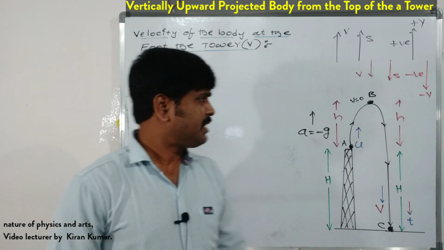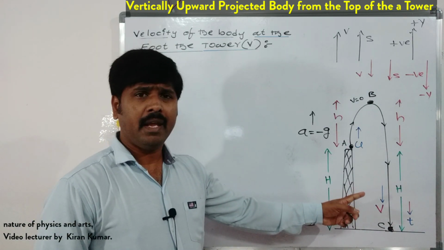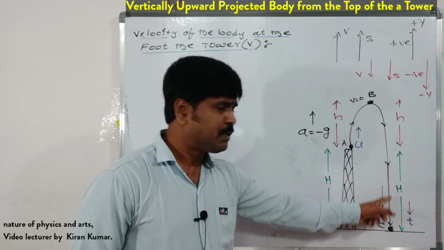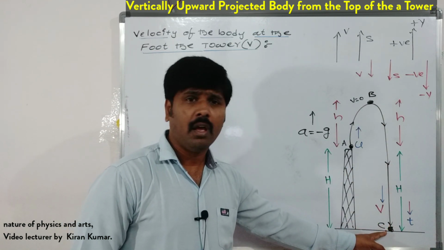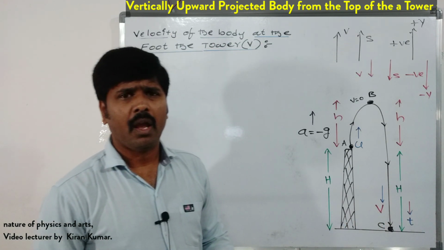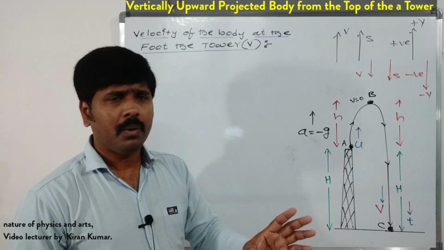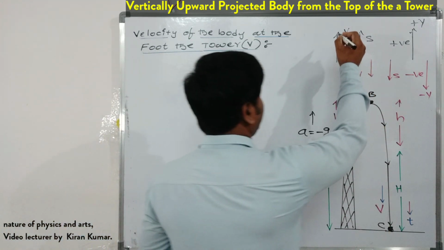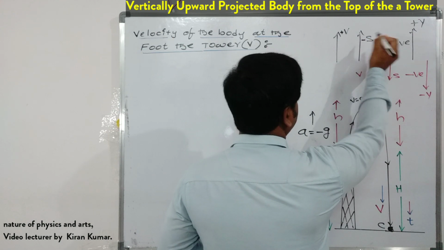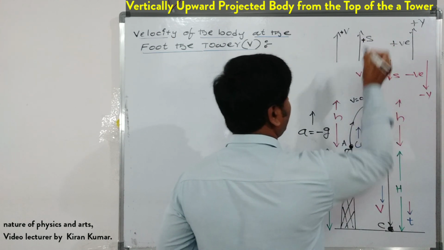Now, velocity of the body at the foot of the tower. Like this the body is projected, it reaches the ground, at which the final velocity is v. One thing I already told you, again I am writing: upward direction velocity is positive and upward direction displacement is positive.